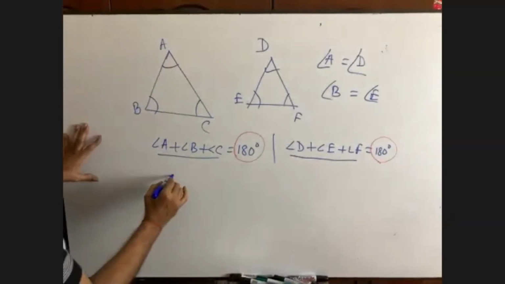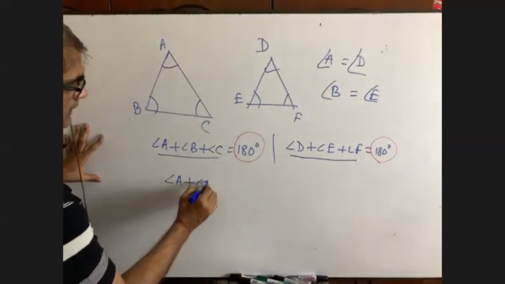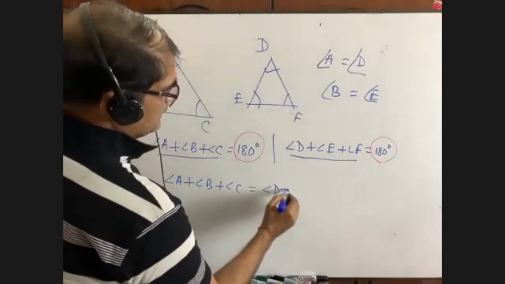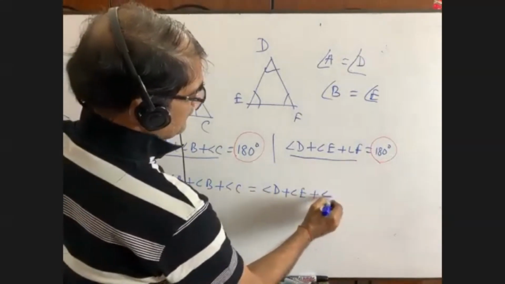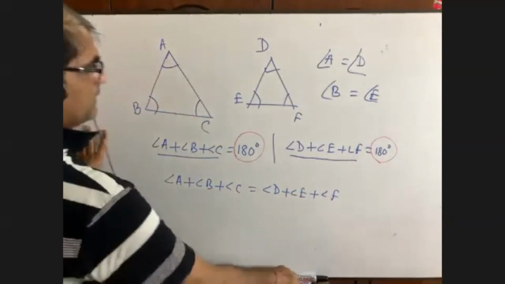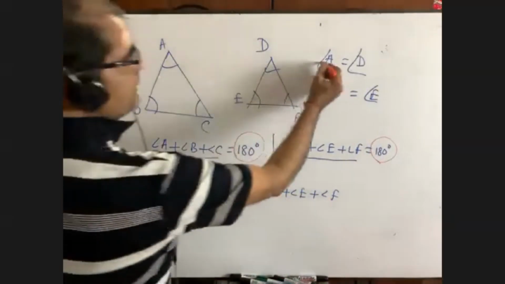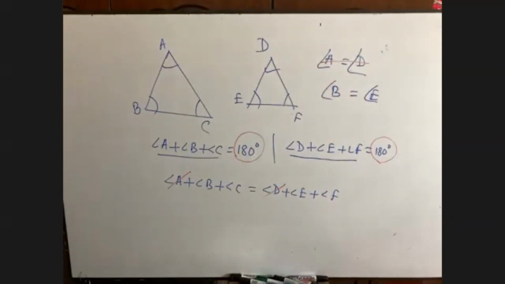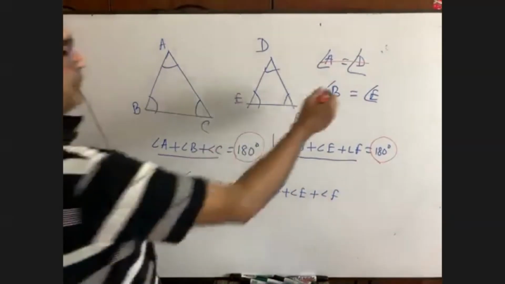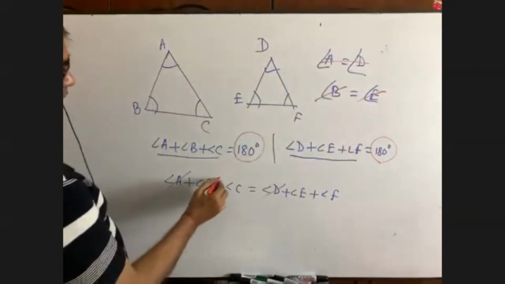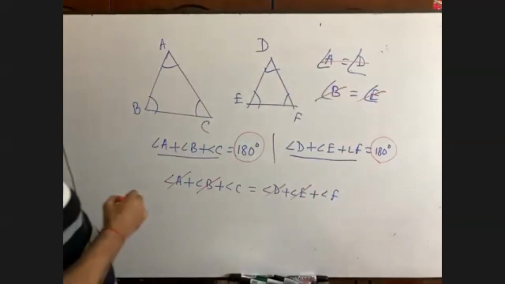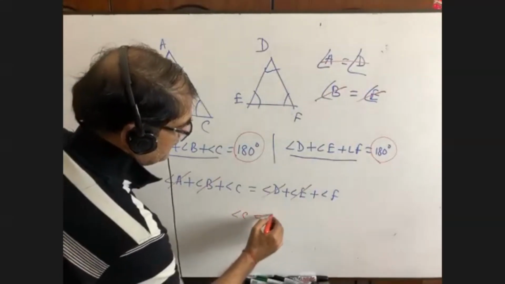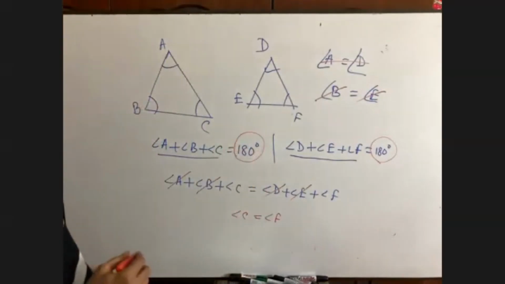That means angle A plus angle B plus angle C equals angle D plus angle E plus angle F. But we are given A and D equal, so they will be cancelled from both the sides. We are also given B and E are equal, so angle B and angle E will be cancelled from both the sides. So we are left actually with angle C equals angle F.